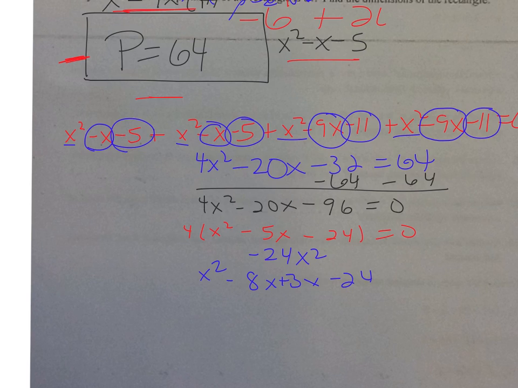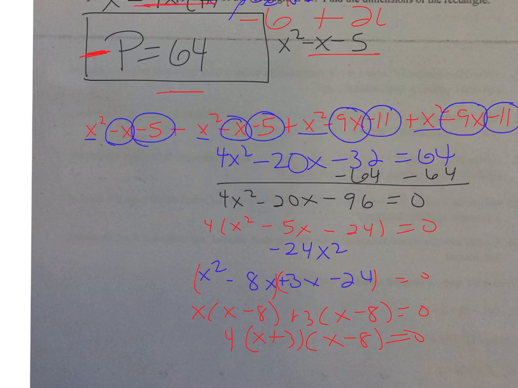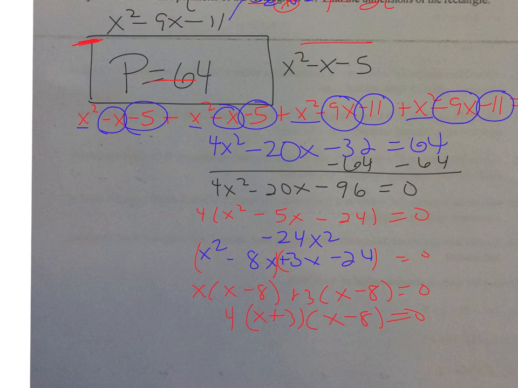So now I'm going to factor by grouping. I have x times x minus 8 and positive 3 times x minus 8. So I get x plus 3, x minus 8 equals 0. Remember, I had this 4, but that's really not going to do anything. Now I set them equal to 0.